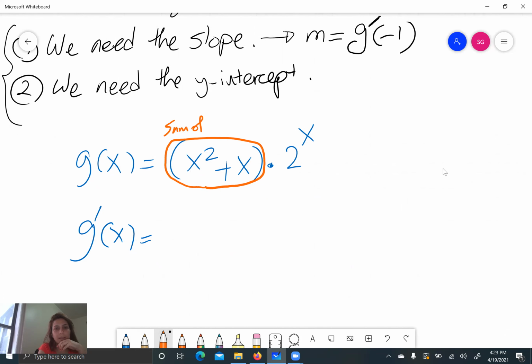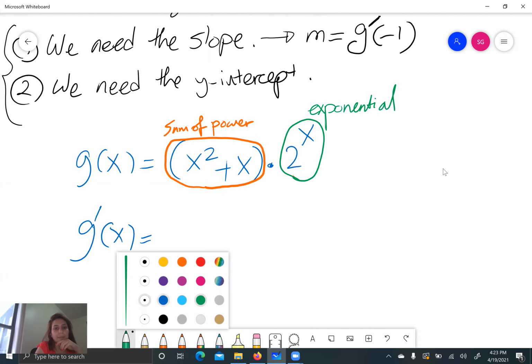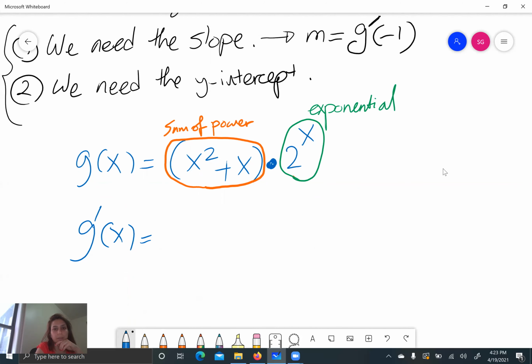So we have the product of these two, and we need to apply the product rule. What does the product rule say?